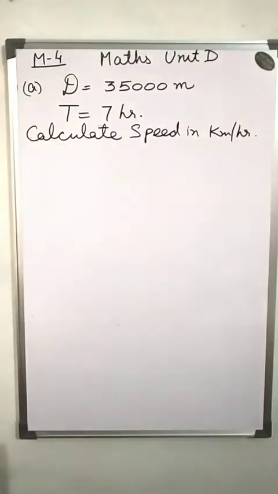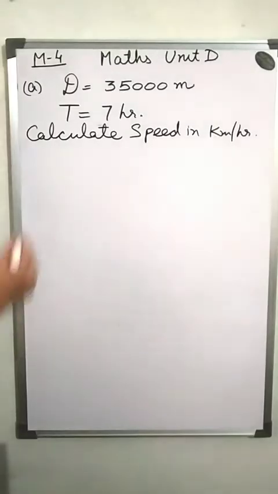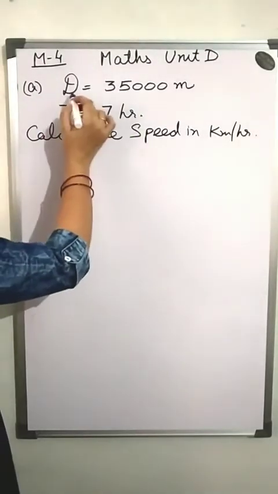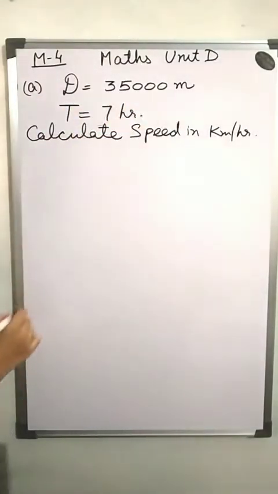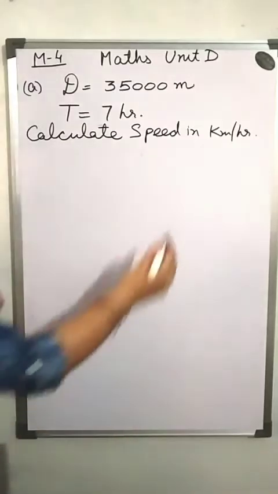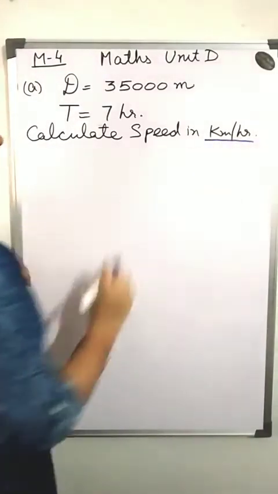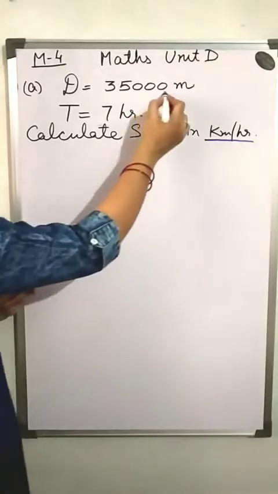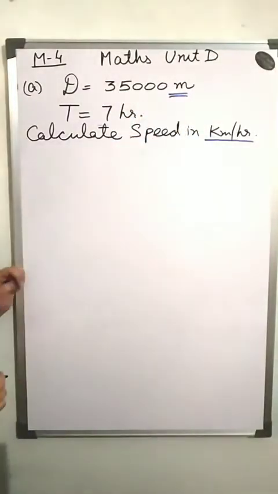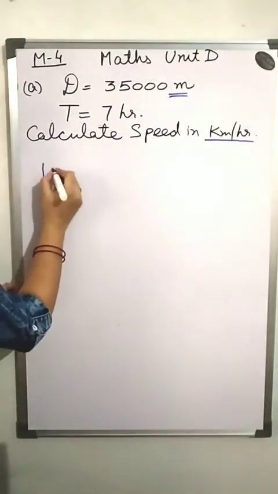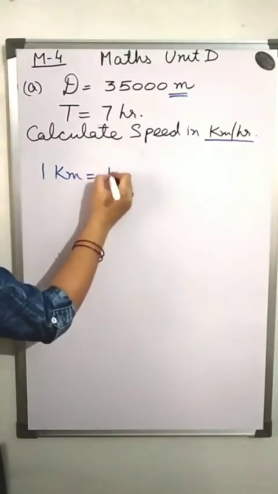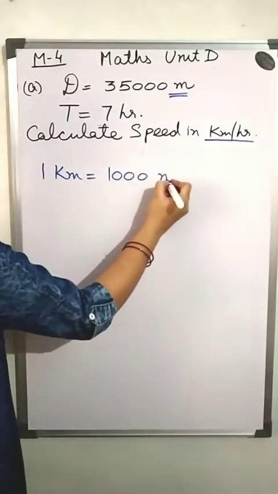Now the next question from module number 4: distance is equal to 35,000 meter and time is equal to 7 hours. Calculate the speed in kilometer per hour. This time we have to calculate the speed in kilometer per hour, so we have to convert this unit into kilometer. 1 kilometer is equal to 1,000 meter, as you know everyone.